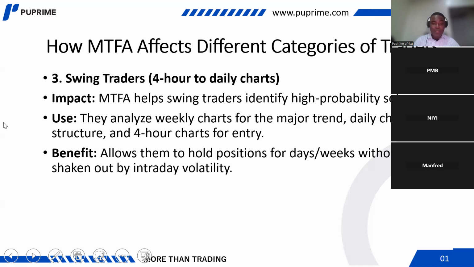I give you the analysis for the week by checking the weekly charts, confirming the trend on the daily chart, and looking for entry on 4 hour. Benefit, it allows them to hold positions for days or weeks without being shaken out by intraday volatility.